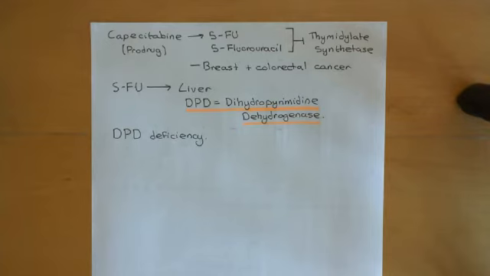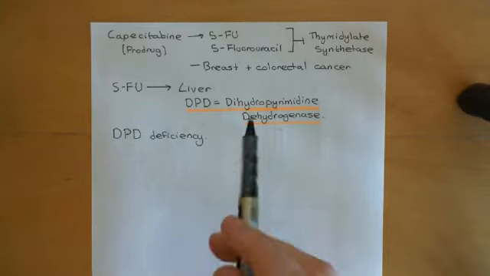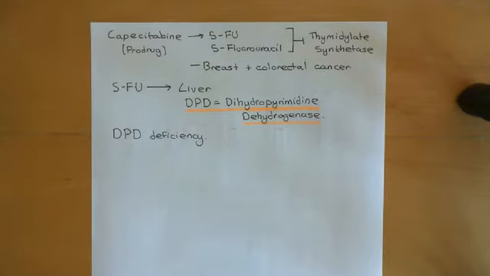Okay, and then there's a similar story for capecitabine, which is a prodrug for 5-fluorouracil, and this is broken down by the enzyme dihydropyrimidine dehydrogenase, which is found within hepatocytes.